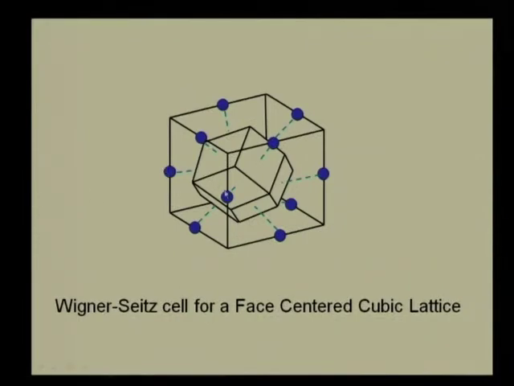At the corners we have lattice points here and in the middle we have lattice points here, and the straight lines I have drawn all go to the middle of this structure, which is a plane halfway through this unit cell. That is the face center of both these unit cells. Effectively, that is the face center of one half of a unit cell that is up here, and also the face center of one half of another unit cell which is down here.